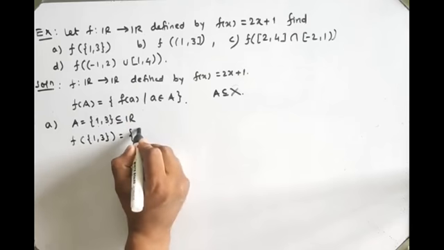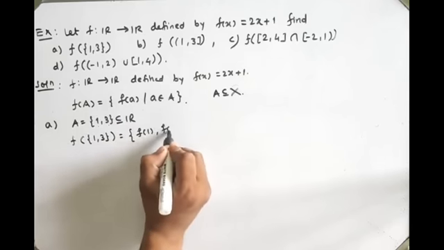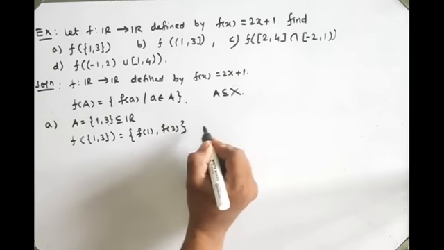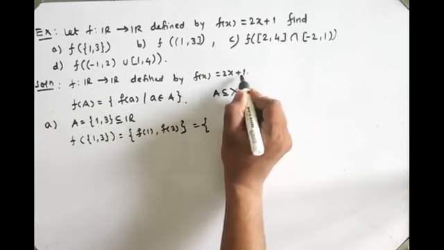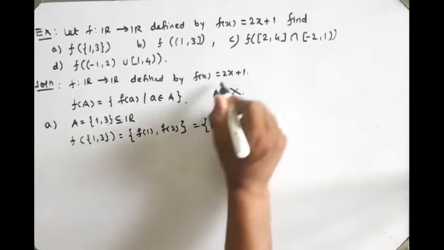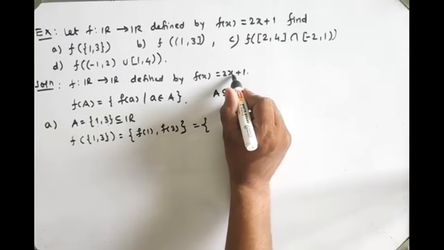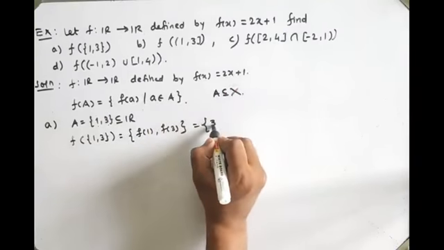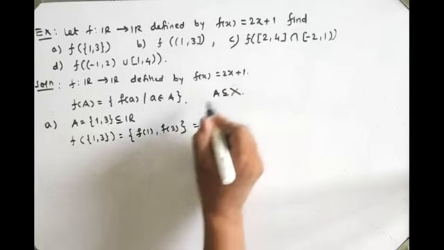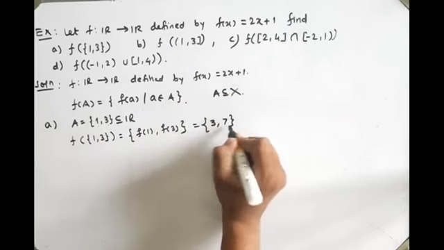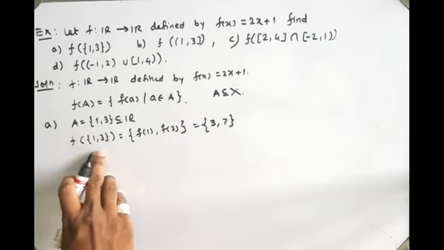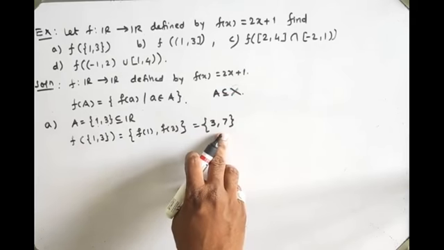So I will write f of 1 and f of 3. Our f of x is twice x plus 1, so put x equal to 1: 2 into 1 is 2, plus 1 is 3. And f of 3 is 6 plus 1, 7. So the image of the set [1, 3] is [3, 7].